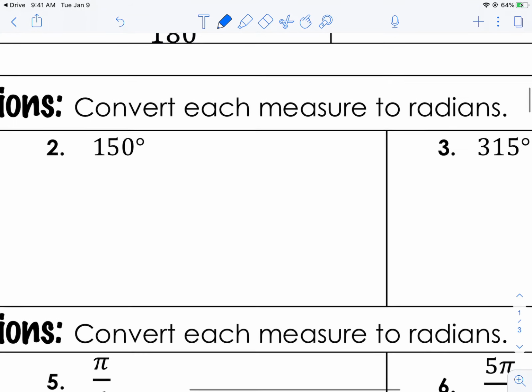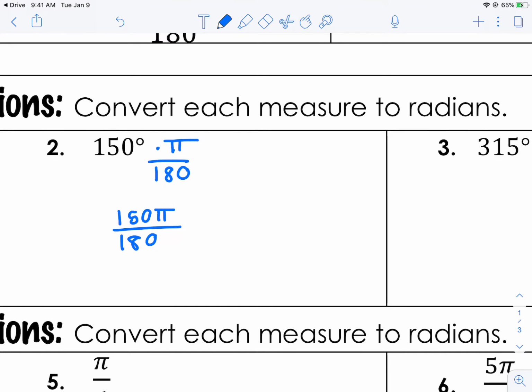Okay, number 2, so same thing. So degree to radian, you're going to multiply by pi over 180. And you get 150 pi over 180. Well, that reduces to 5 pi over 6.